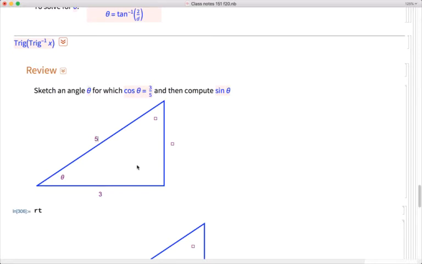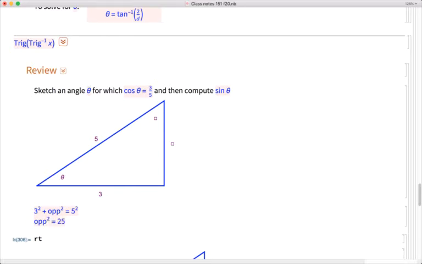We want the sine of this angle. For the sine of the angle, we need the opposite over the hypotenuse. So we solve for the opposite. We get 3 squared plus opposite squared equals 5 squared. And you might just recognize this already as a 3, 4, 5 triangle, but if not, we could solve.